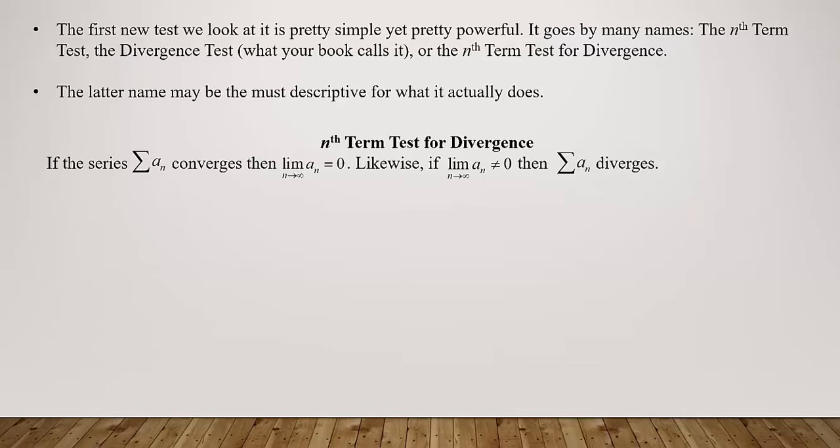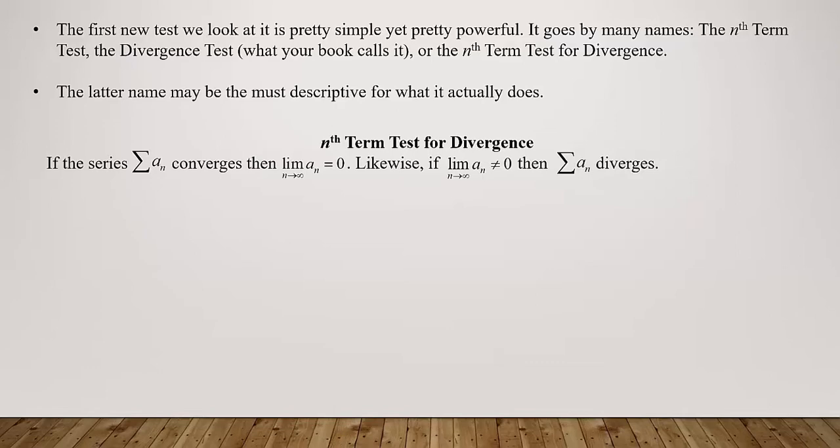So here's the deal. If the series a sub n converges, then the limit as n goes to infinity of a sub n must equal 0. Likewise, if the limit as n goes to infinity of a sub n does not equal 0, then the series a sub n diverges.